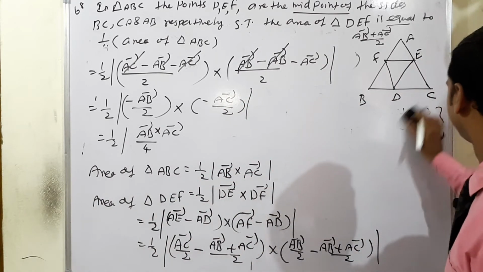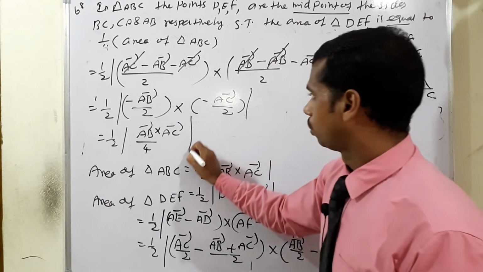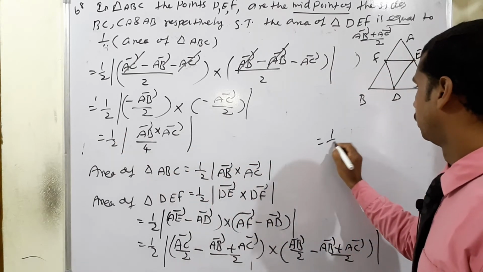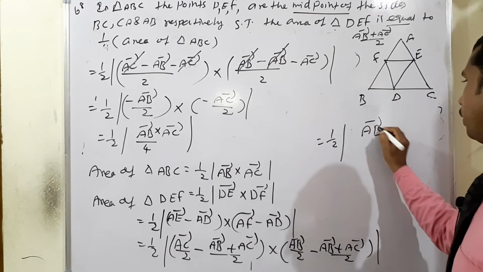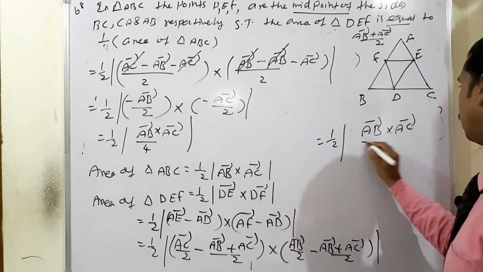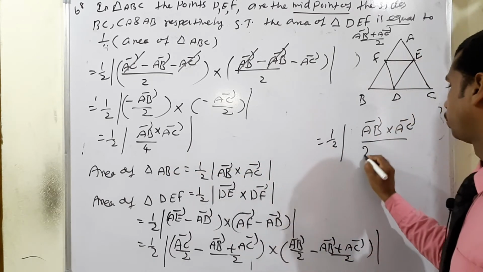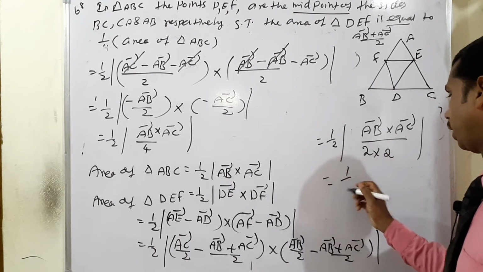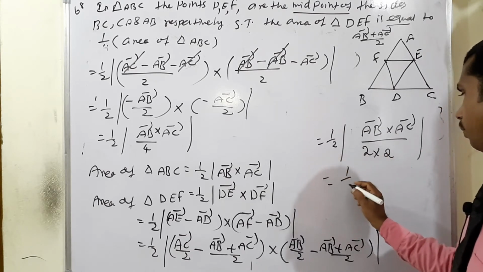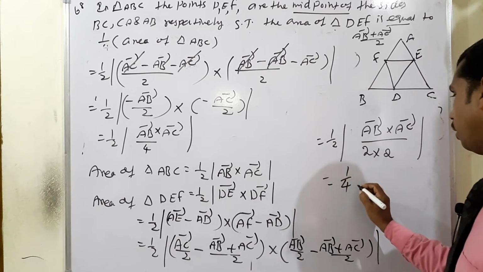Look at there, this is called close modulus. So 1 by 2, look at the numerator, AB vector cross AC vector. 4 we can split, now how to split it? 2 into 2. Again 1 by 2, take common outside, 2 into 2 means 4 will come.